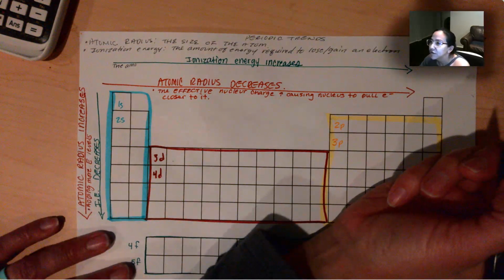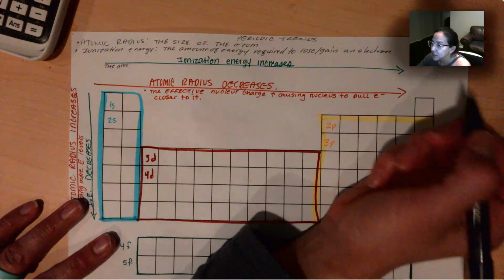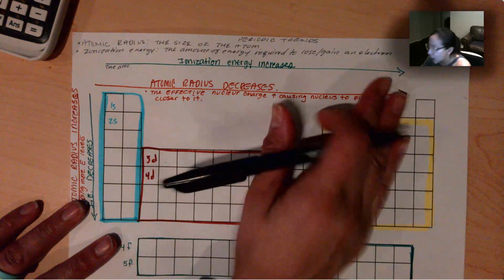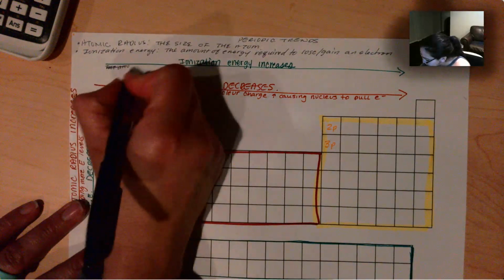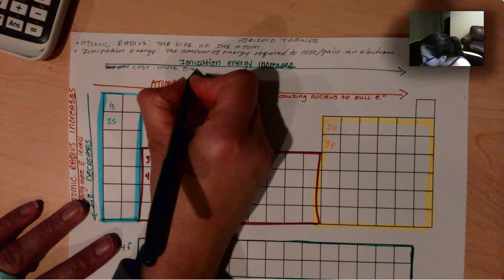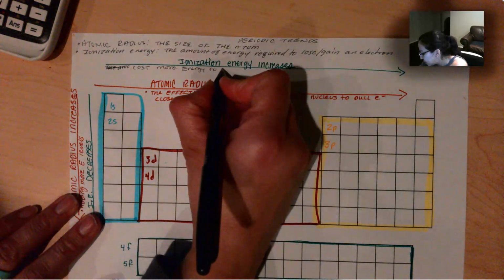So the amount of energy required to lose or gain an electron. Ionization energy basically increases as you go across. That means it costs more energy to ionize, basically.